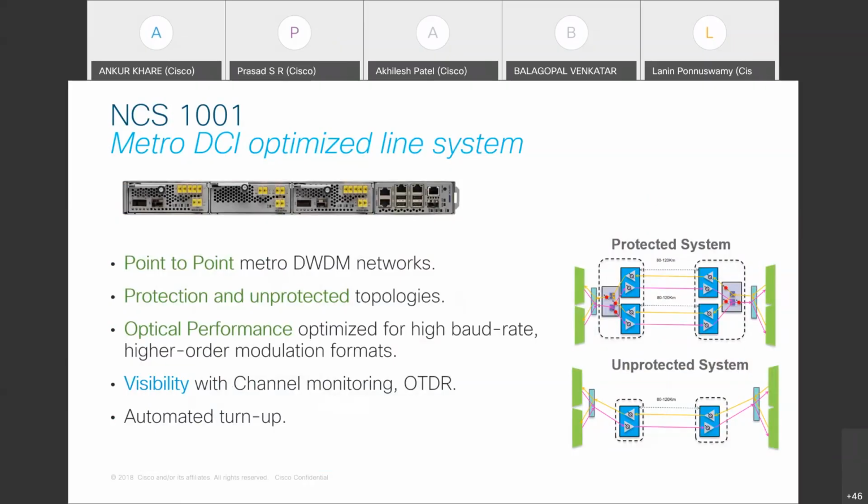It has OTDR capability, an optical time domain reflectometer. In case any fiber cut happens in the network, this product can shoot the laser and, based on the reflected light, calculate at what distance the fiber cut happened.